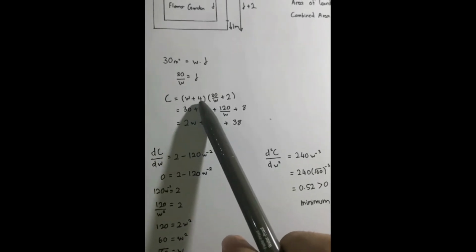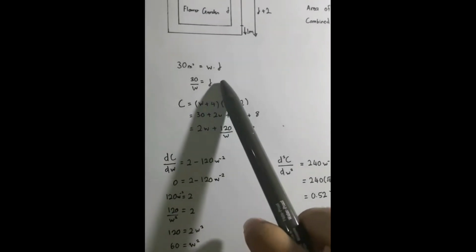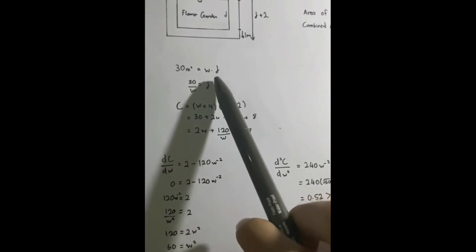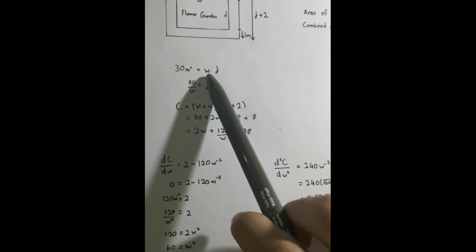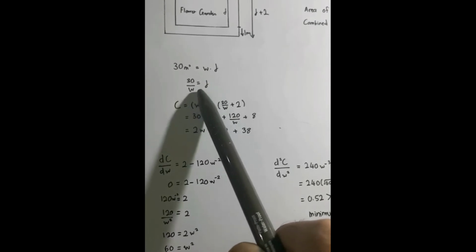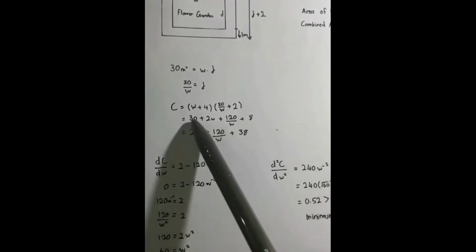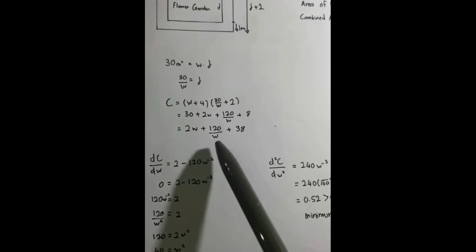So I try to change the L so we only have the variable W. With this information, I move the W to the left side, so it would be 30 over W equals L. We substitute it into this formula, so we will have only one variable, the W. I simplify the formula and I get 2W plus 120 over W plus 38.